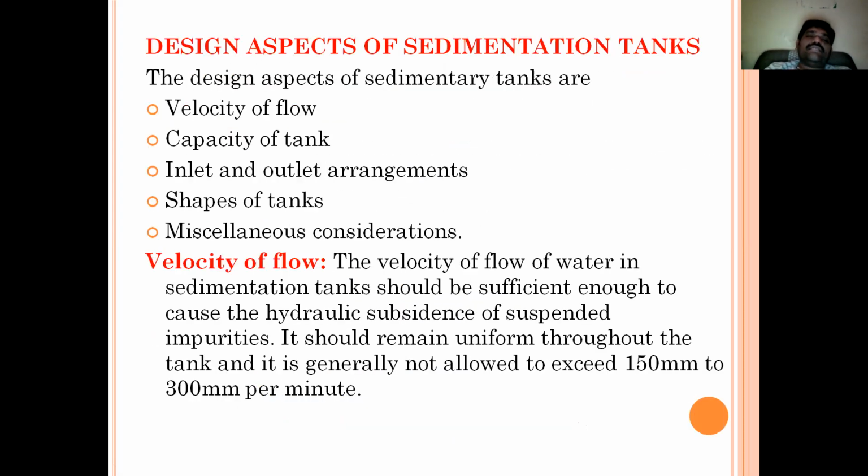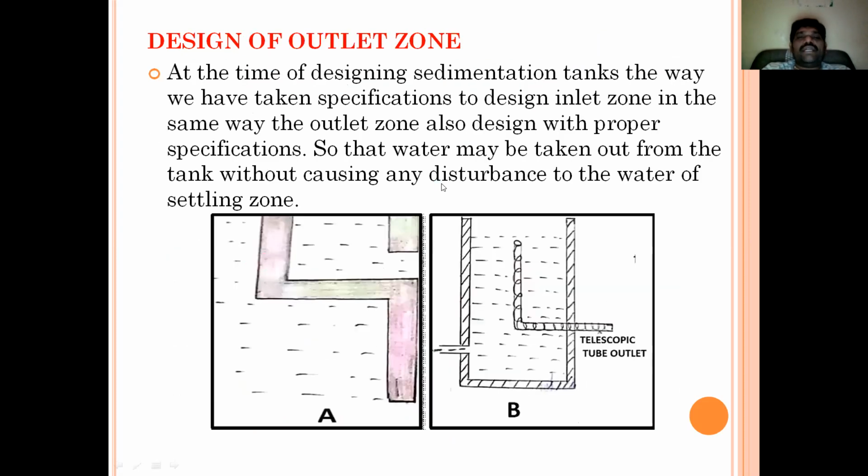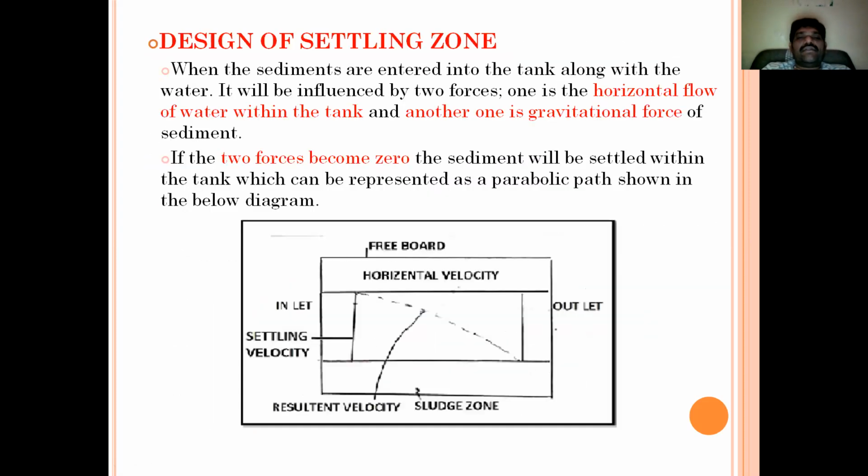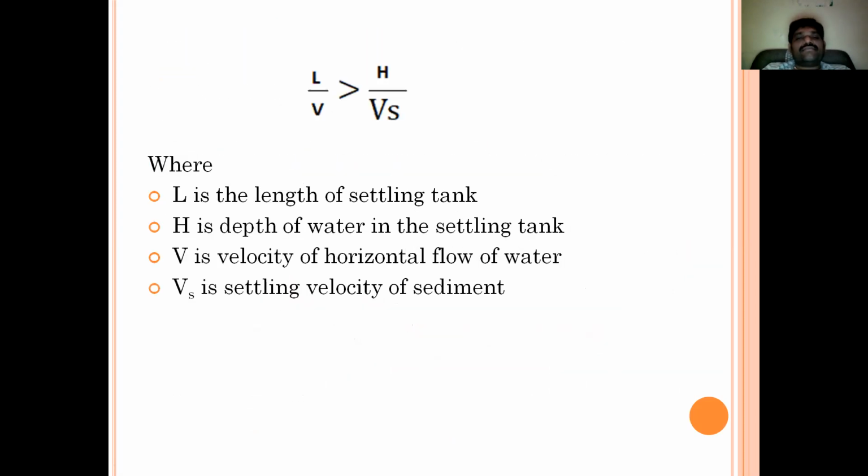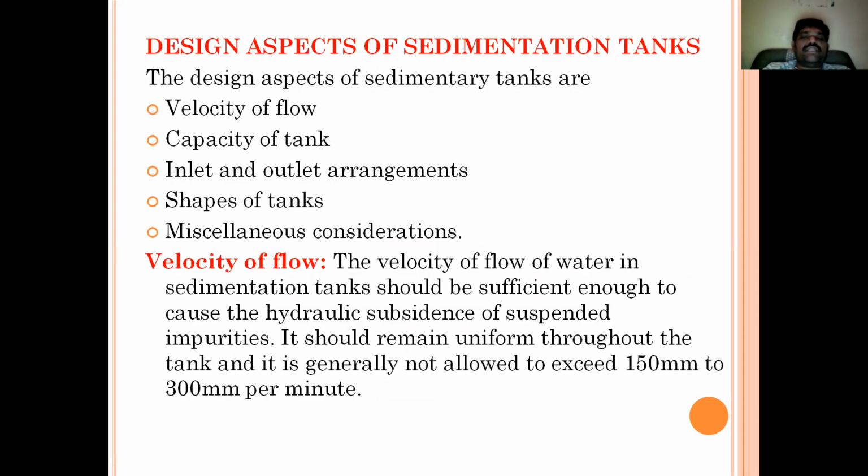Design aspects of sedimentation tanks: we must remember the velocity of flow, capacity of tank, the inlets and outlets arrangements, and the shapes of tanks we have seen. Other miscellaneous considerations we will discuss.